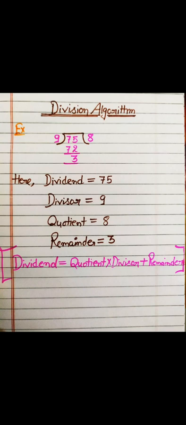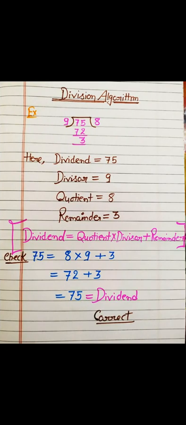If we put these values in, dividend 75 equals quotient 8 times 9, that is the divisor, plus remainder 3. When you multiply quotient and divisor, 8 and 9, 9 times 8 is 72, and if we add the remainder, 72 plus 3, we get 75, which is the same value as the dividend. That means our answer is correct.